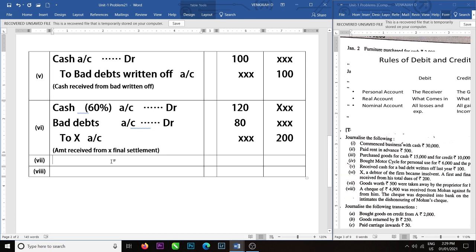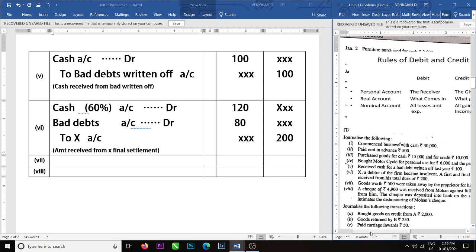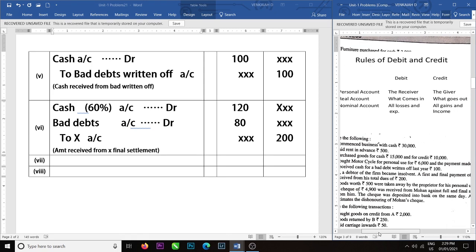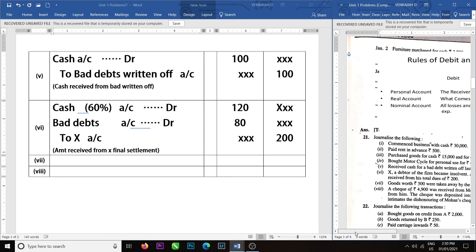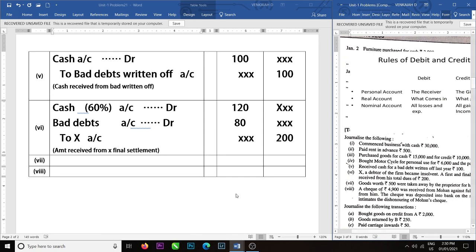Goods worth rupees 500 taken away by the proprietor for personal use. So goods taken by the proprietor for personal use. Personal use is called drawings. You have to remember this. Drawings account debit.